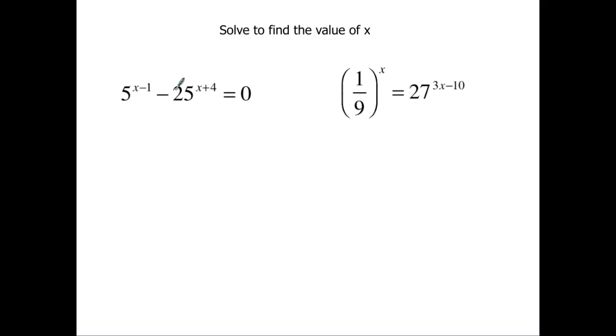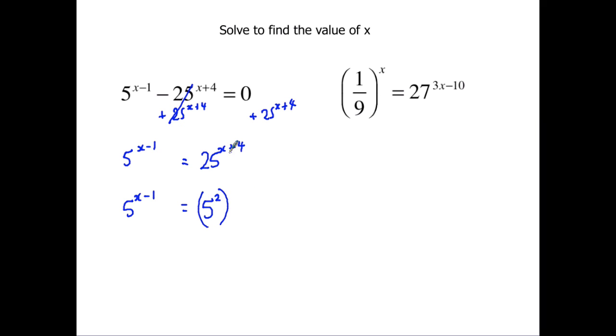Again, this time they're both on the same side, but if we just shift this lot over to the other side, we've got a similar kind of question. So we've got 5 to the power of x minus 1 is going to be equal to 25 to the power of x plus 4. This is already written in 5 to the power of something, so this also needs to be, well, that's 5 squared, and then it's all to the power of x plus 4.